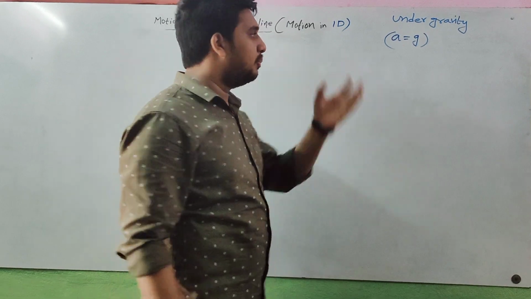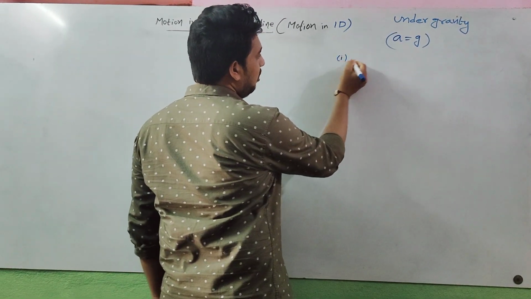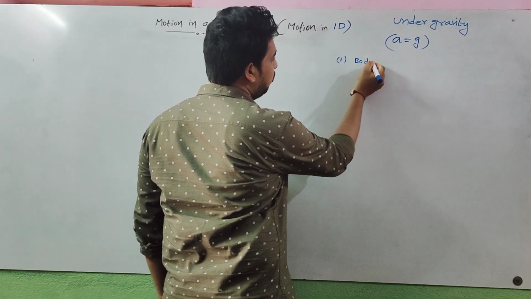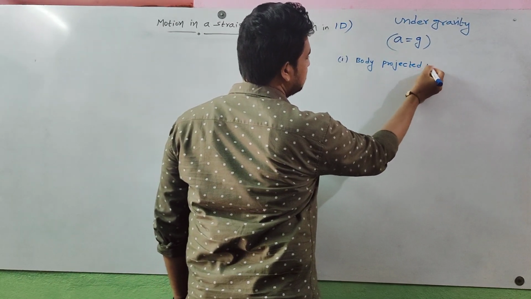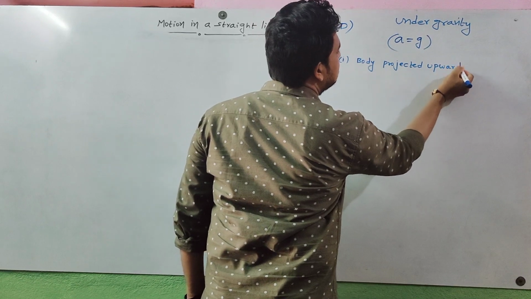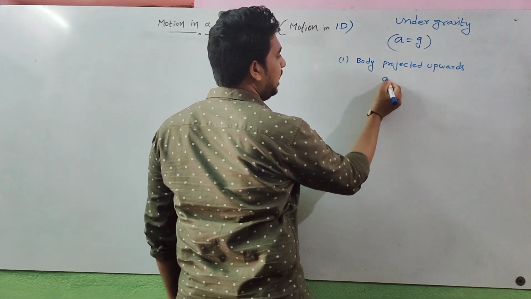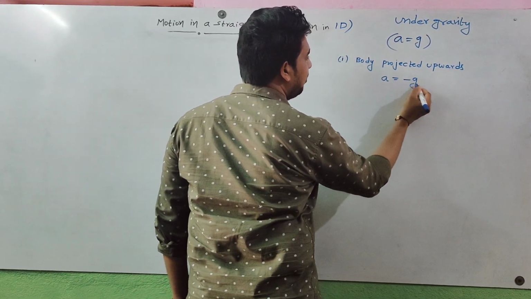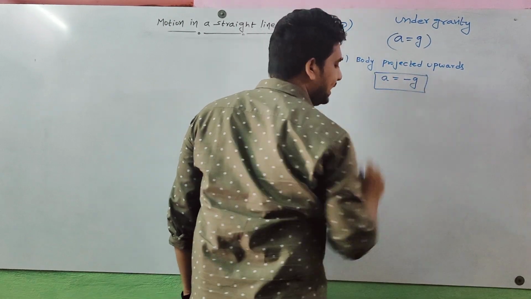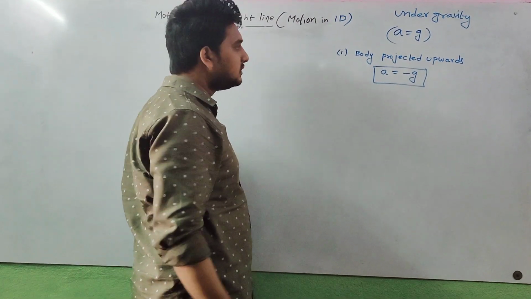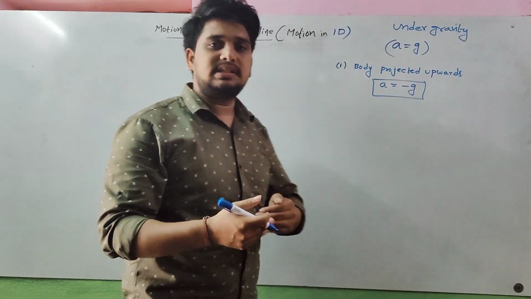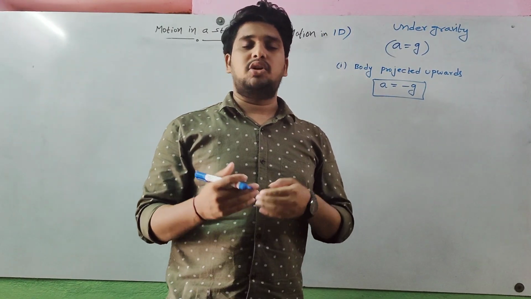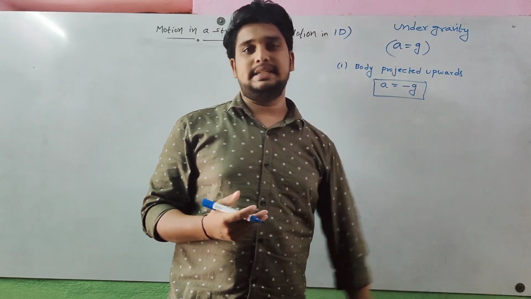Whether the body moves, first one, body projected upwards. We should take acceleration is equal to minus g. Already I discussed this in the previous lecture. For the body projected upward case, how the equations of motion will vary, we all discussed in the previous lecture.